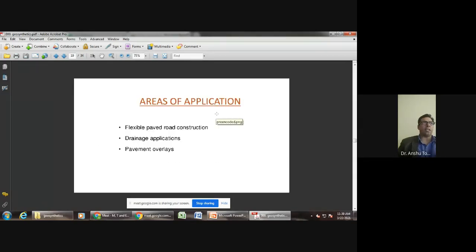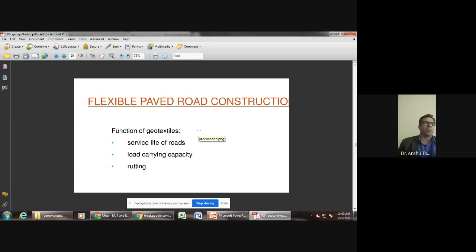Areas of application of geotextile: flexible pavement road construction, drainage applications, pavement overlays, flexible pavement road construction, service life of roads, load carrying capacity and rutting.